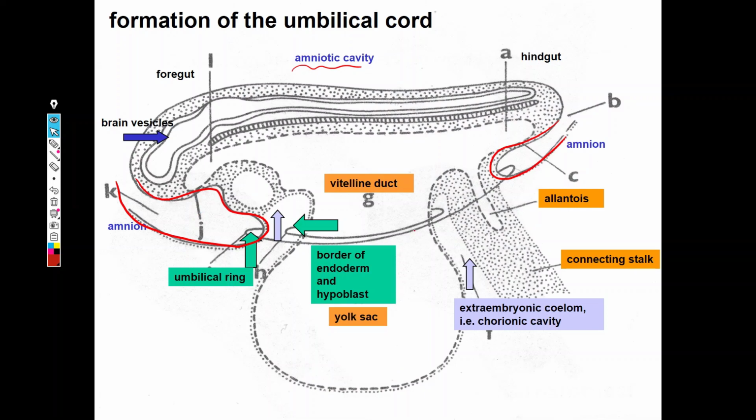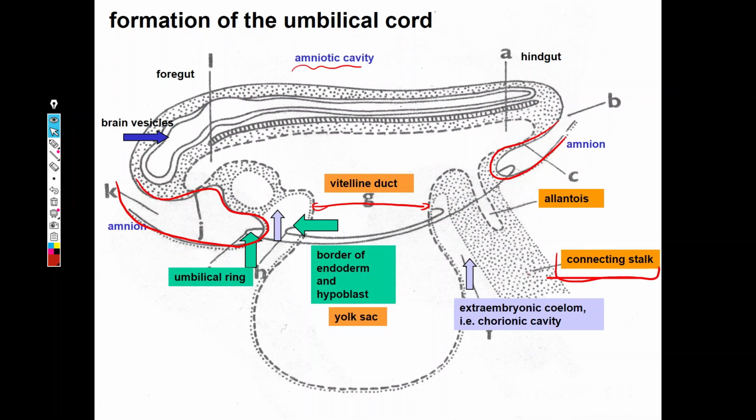In this case, the omphaloenteric duct, this structure over here, is very wide. But the folding of the embryo will narrow this omphaloenteric duct. Remember that. Because of the folding, this omphaloenteric duct is very close to this connecting stalk over here. It's very close to the connecting stalk.